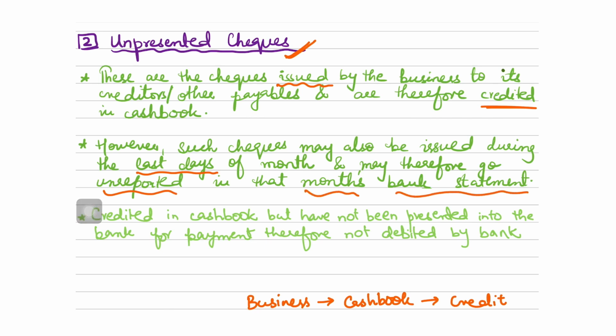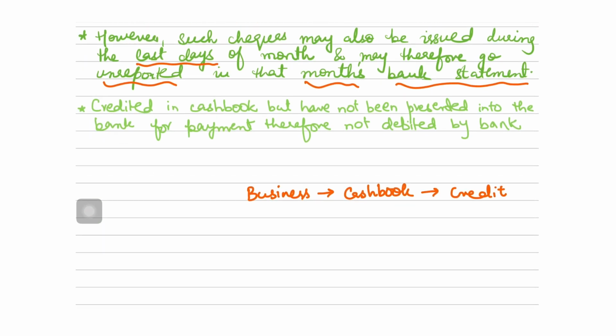Of course, they will be shown in the bank statement, but may not be in the same month, rather in the next month. So I have credited my cash book with that check for the payment, but the bank hasn't shown this in the bank statement for that same month on the debit side.